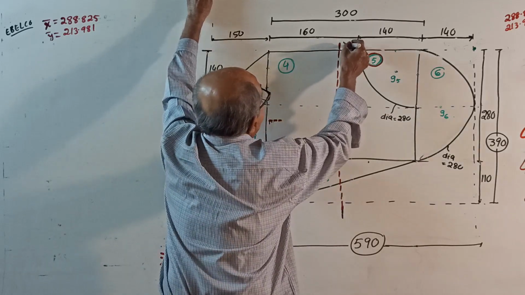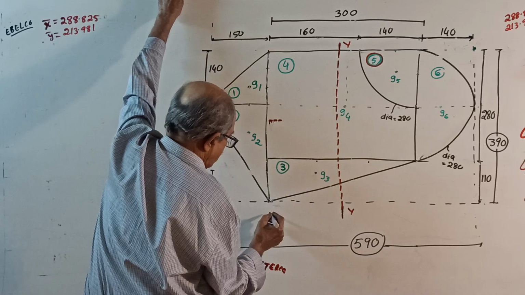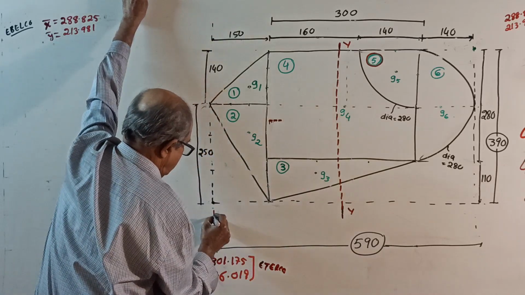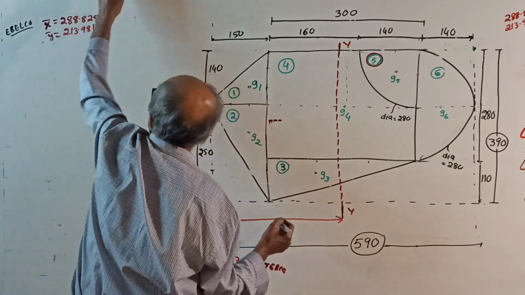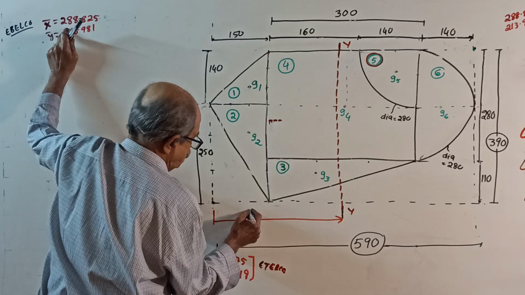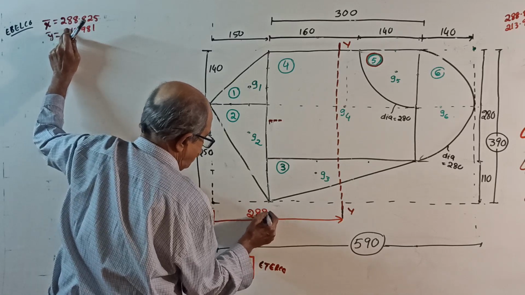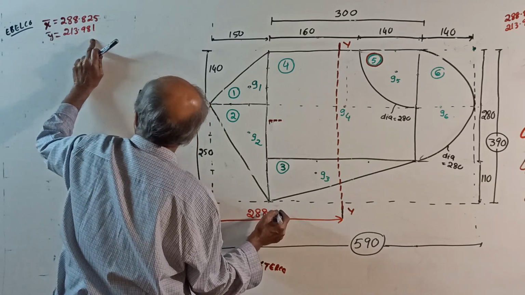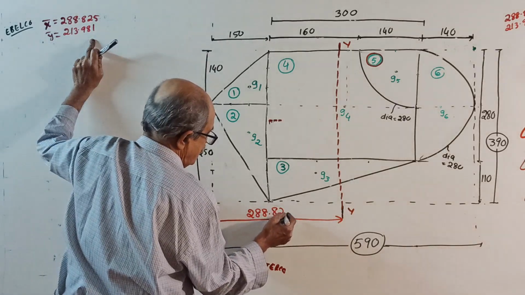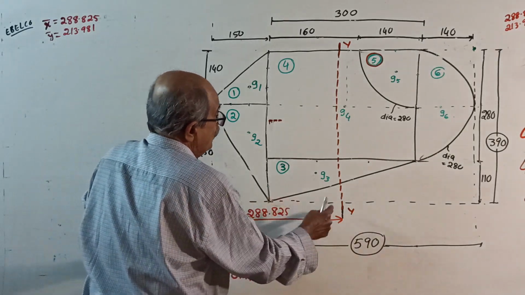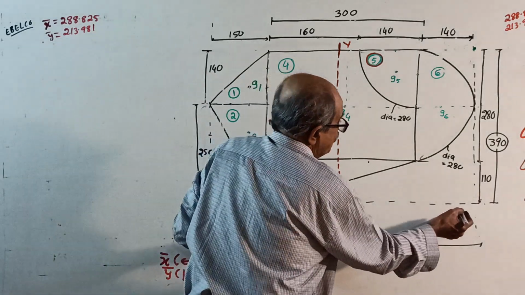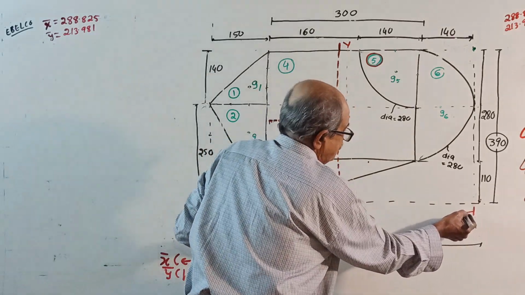This is your YY axis. I will mark the distance here. See, I left space for marking distances. This distance from last time is 288.825. Once you get 288.5, total 590, if you subtract, you will get the distance from this extreme end.